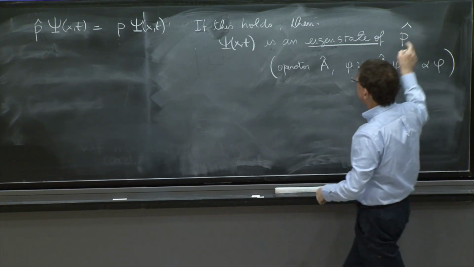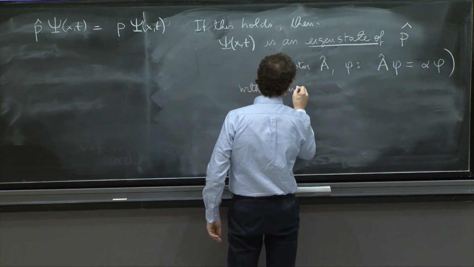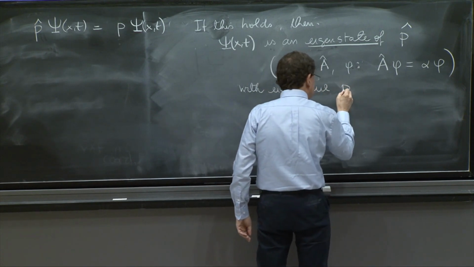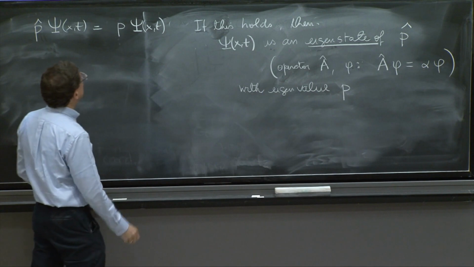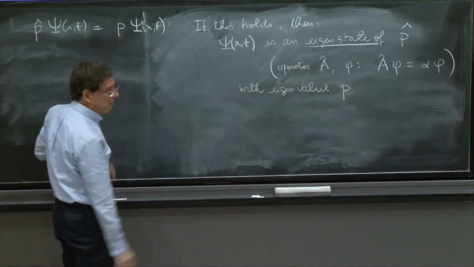So here we have an eigenstate of p with eigenvalue p, the number p, because acting on the wave function gives you the number p times that wave function.